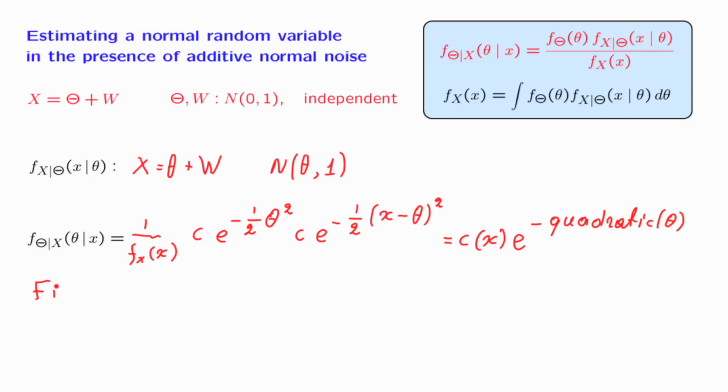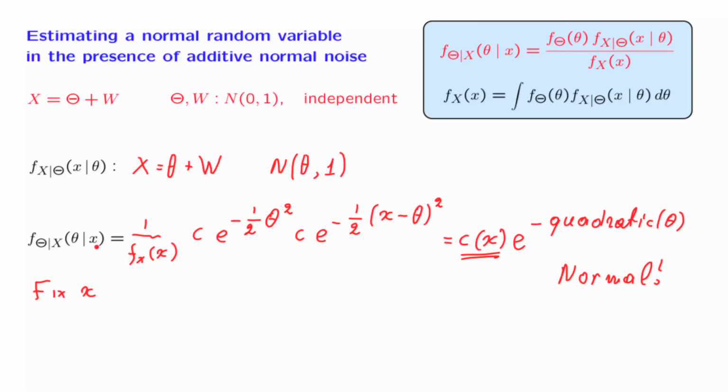So let us fix a particular value of little x and concentrate on the dependence on theta. So with x being fixed, this is just a constant. And as a function of theta, it's e to the minus something quadratic in theta. And we recognize that this is a normal PDF. So we conclude that the posterior distribution of theta, given our observation, is normal.